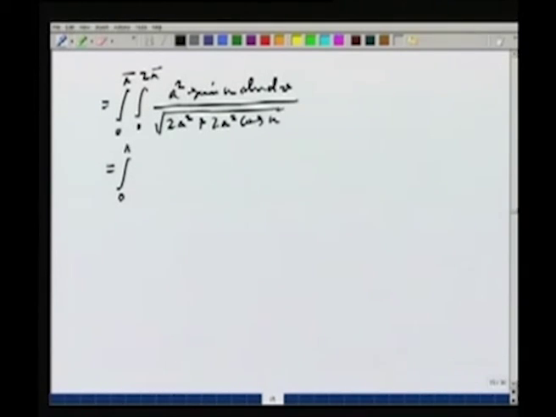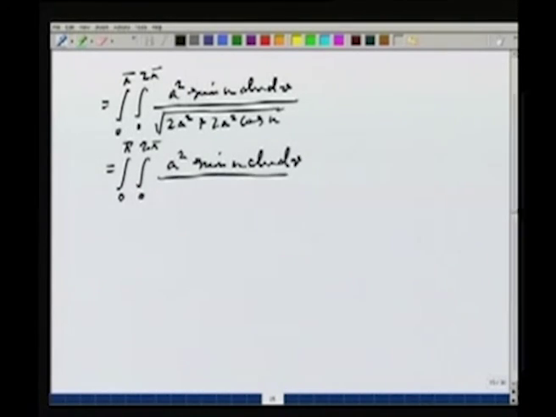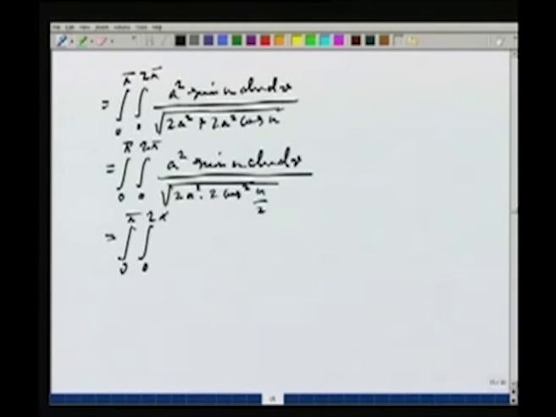This, if I use the formula of cosine of u by 2, I get the following: square root of twice a square into 2 cosine square u by 2. Okay, this is then 0 to pi by 2, because variation of u is from 0 to pi by 2.